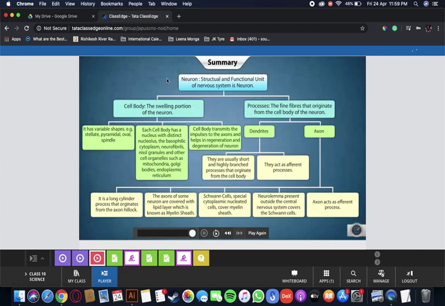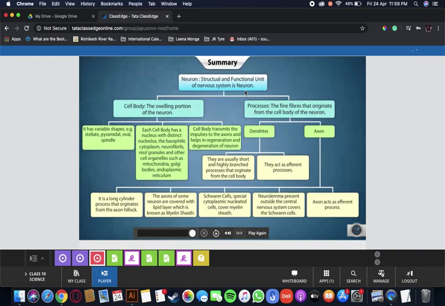Now this is the summary of this presentation in which you have studied the neurons as the structural and functional unit of the nervous system. And you already know that neurons are the longest cells in the body. The human nervous system has about 100 billion neurons and the majority of the neurons occur in the brain.